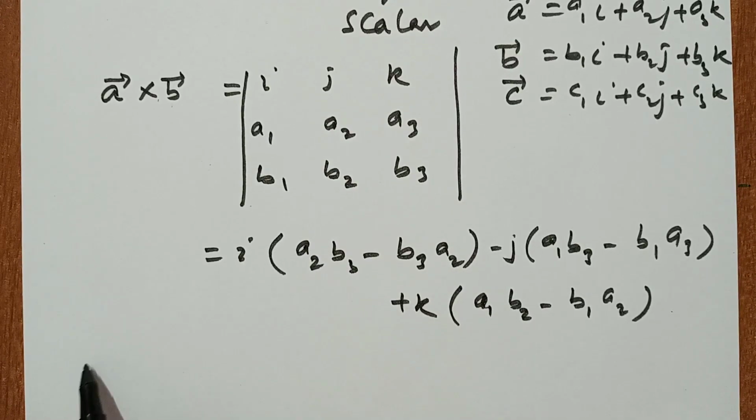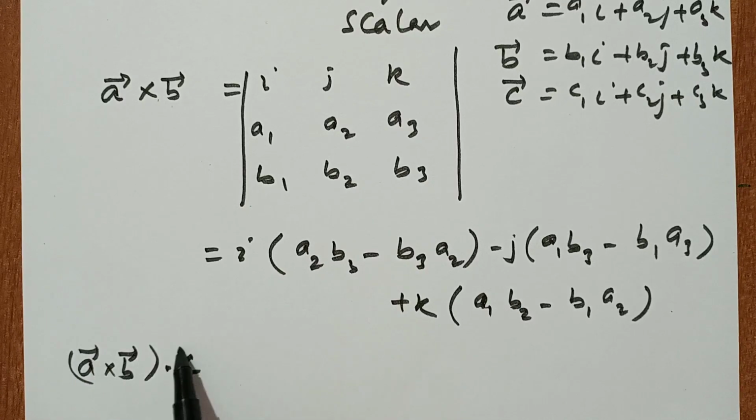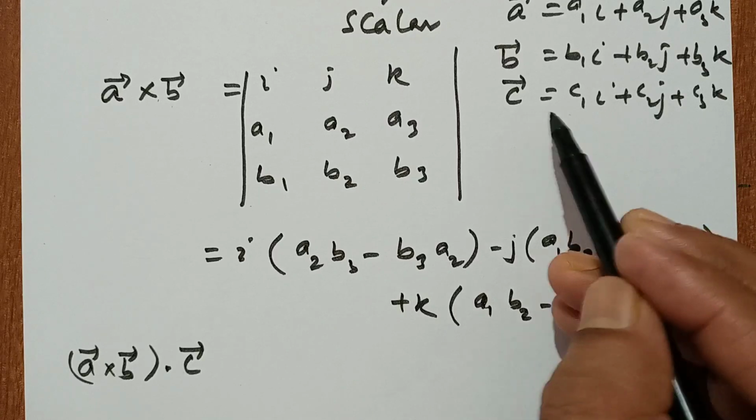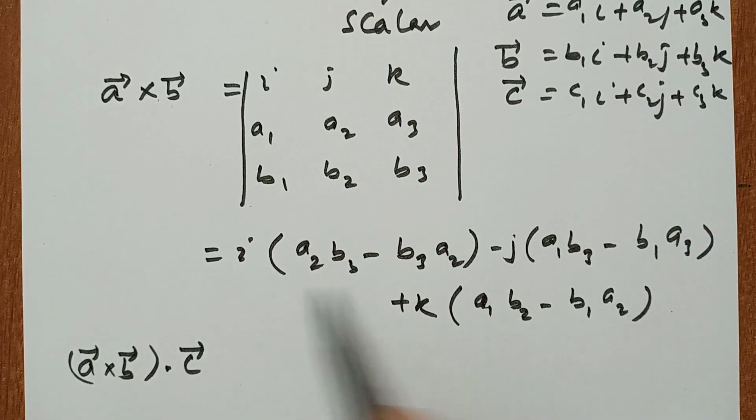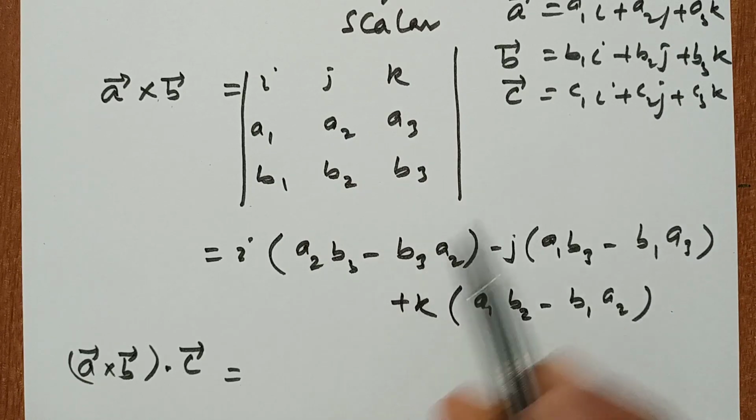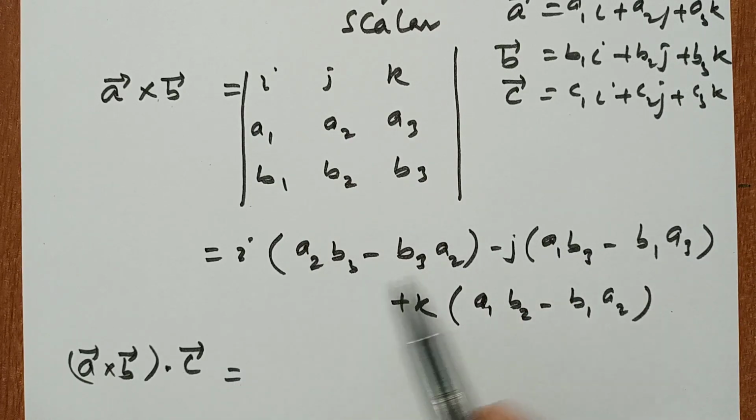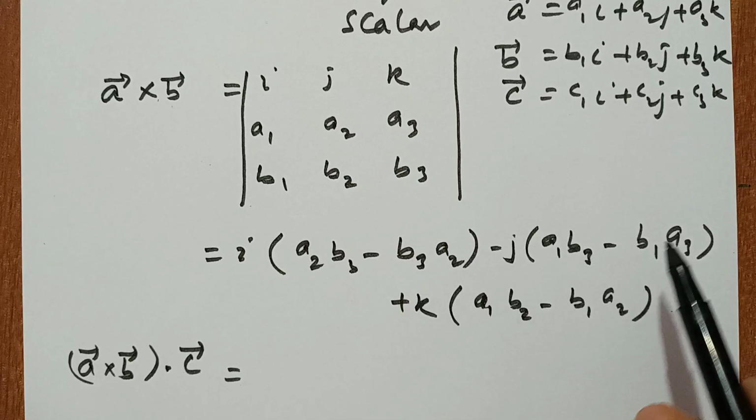So now A cross B dot C. As we know, dot means taking this thing dot C. So this is equal to, we have i dot i is 1, i dot j is 0, i dot k is 0.